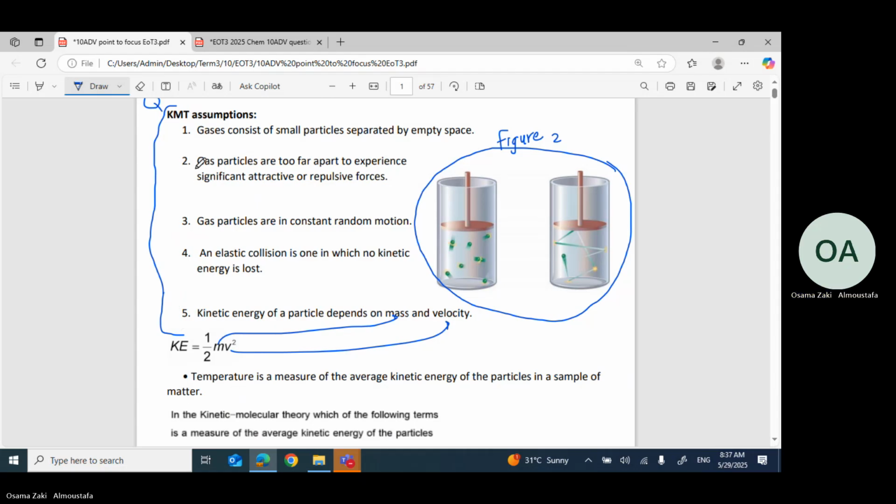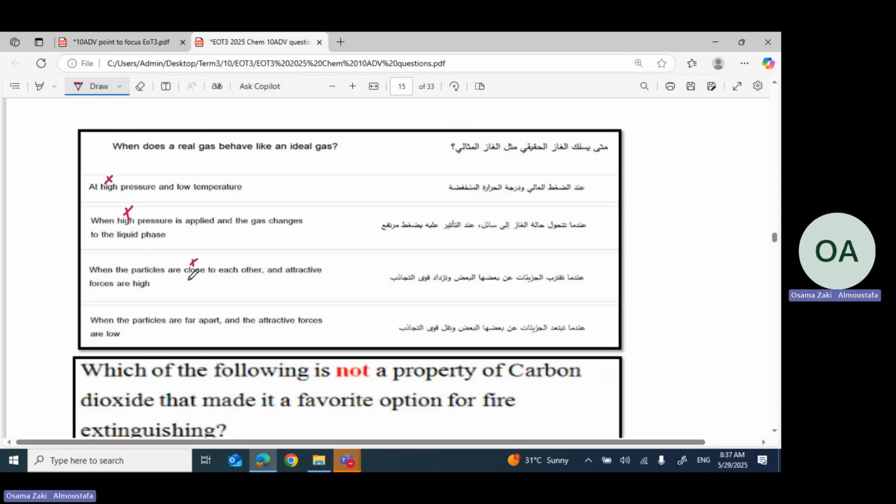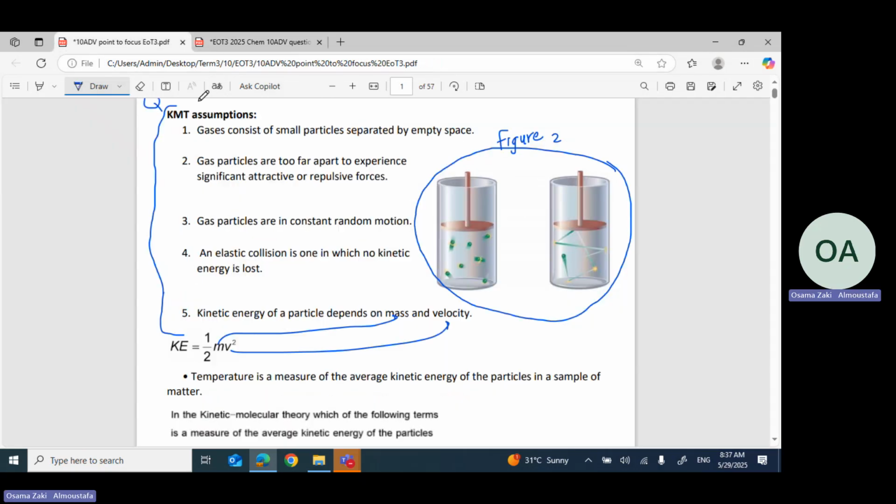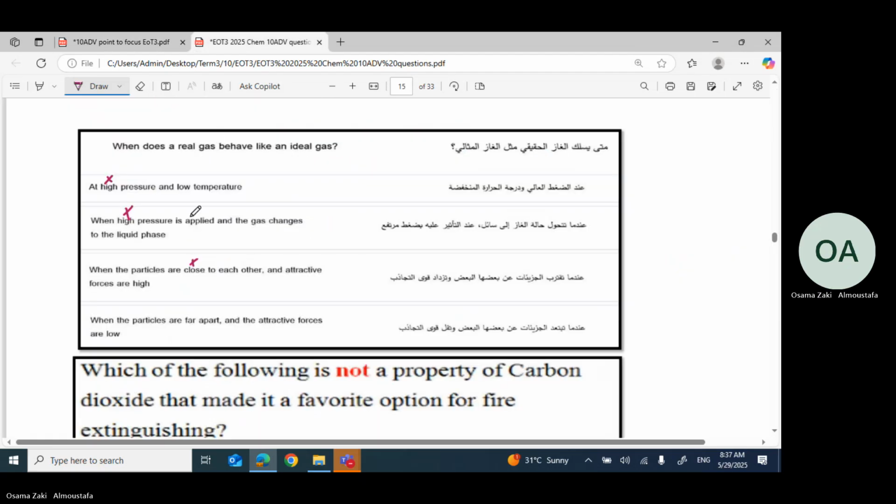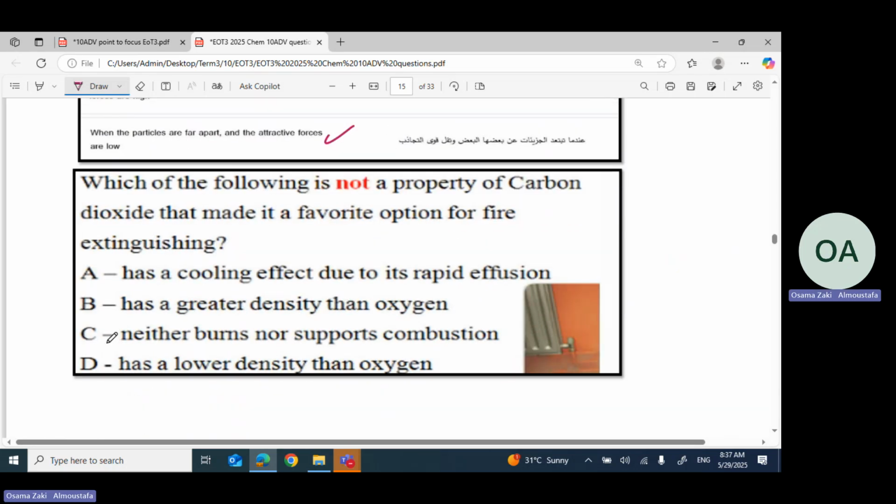If they follow these 5 assumptions, that means this is an ideal gas. So close to each other, no, because they should be far apart. When the particles are far apart, yes, this is correct. And the attractive forces are low.